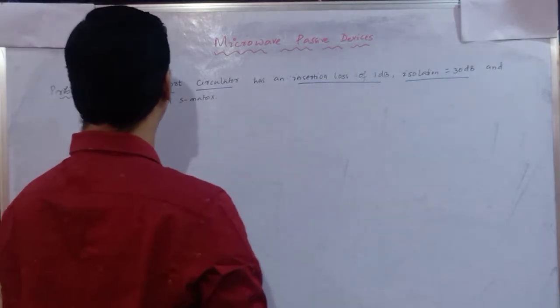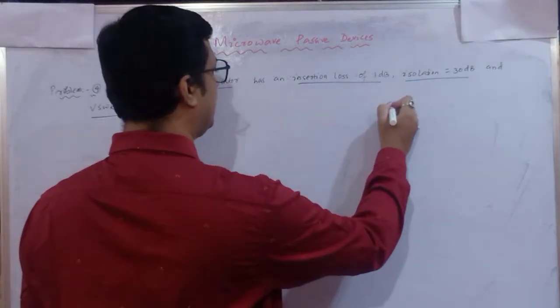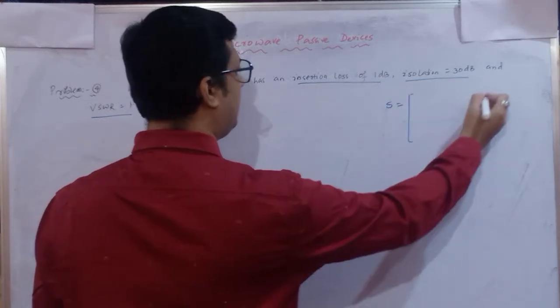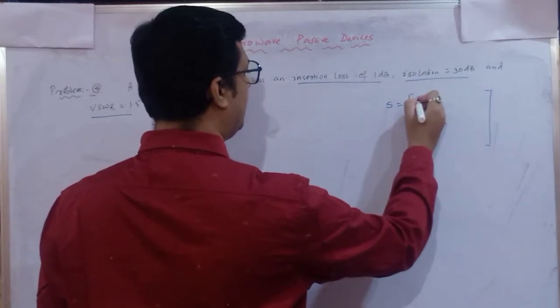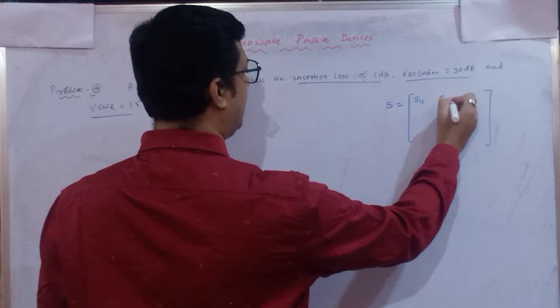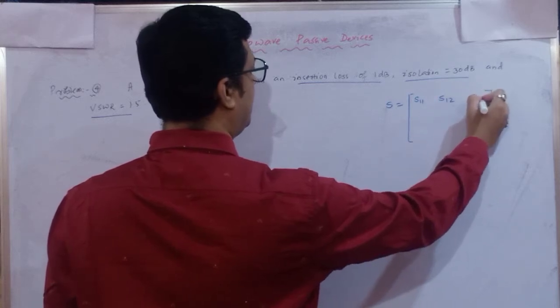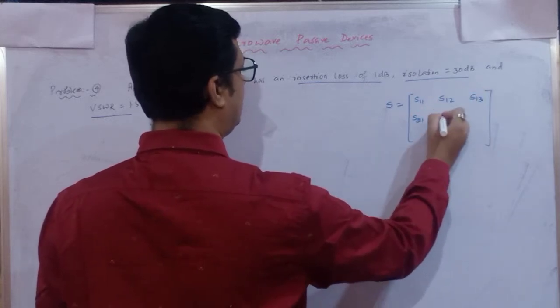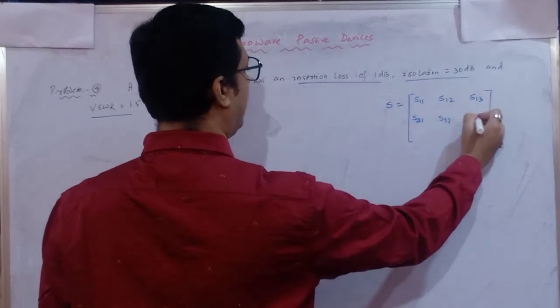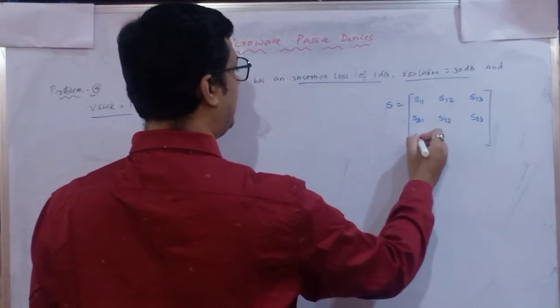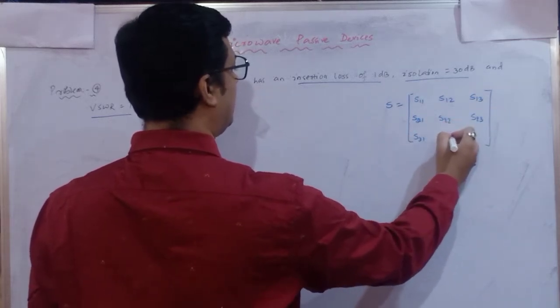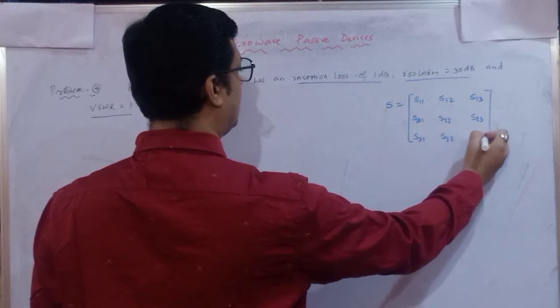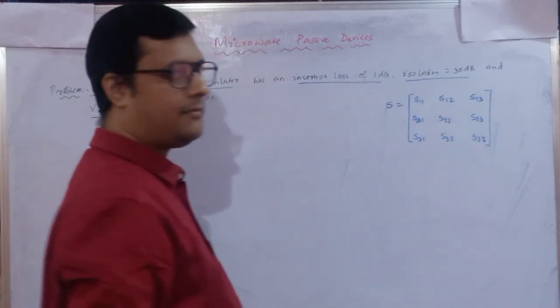Since it is 3-port, there will be 9 scattering parameters: S11, S12, S13, S21, S22, S23, S31, S32 and S33. So these are the scattering parameters.